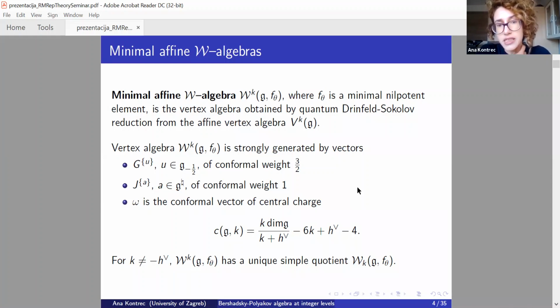This type of result is not known in general for other affine W algebras, which makes them much harder to study. So this is why it's natural to start with minimal affine W algebras. Okay, so for non-critical level k, the universal affine W algebra has a unique simple quotient.